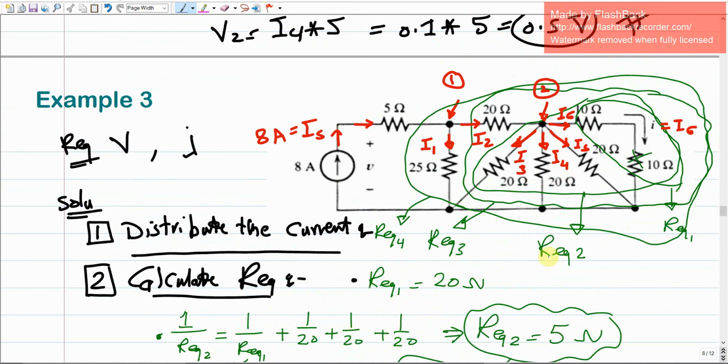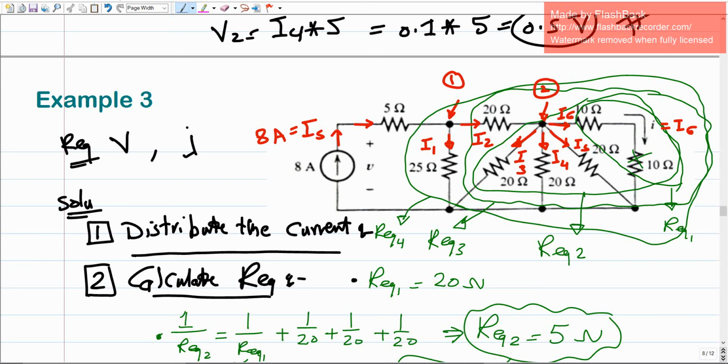So we found I2. Now I2 is going to be divided or split over 4 resistances. The first resistance is 20, the second one is 20, the third one is 20, and the equivalent as well is going to be 20. Intuitively, the total current, which is 4 amperes, is going to be split and divided equally over 4 resistances, instead of just 2.